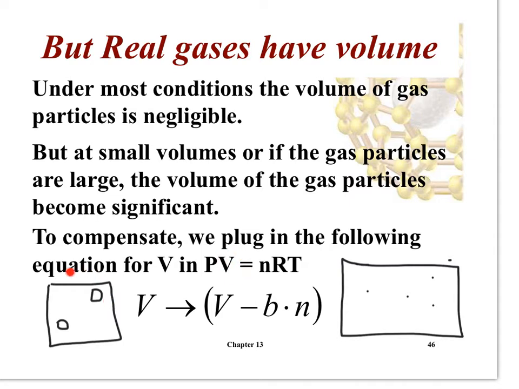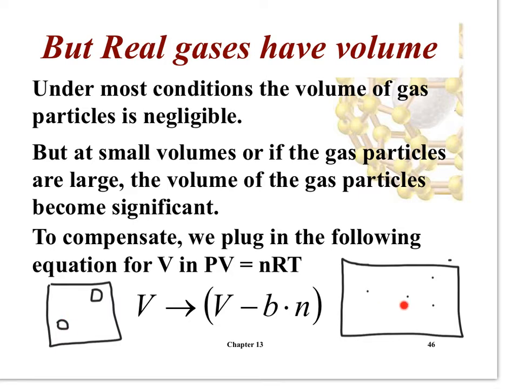Now let's take a look at this container here. It's a smaller container. When the volume of the container itself is small, or when the gas particles themselves are relatively large, this assumption fails. In reality, the volume that this gas particle has in order to move is equal to this container minus the volume of the gas particle.